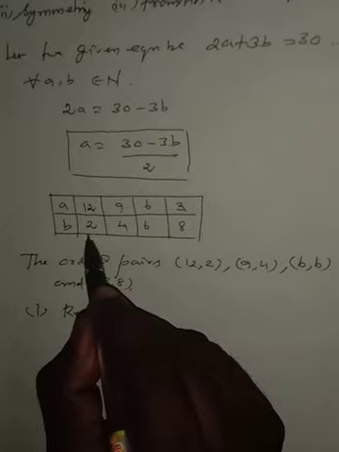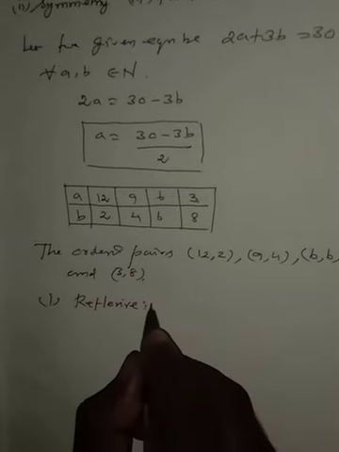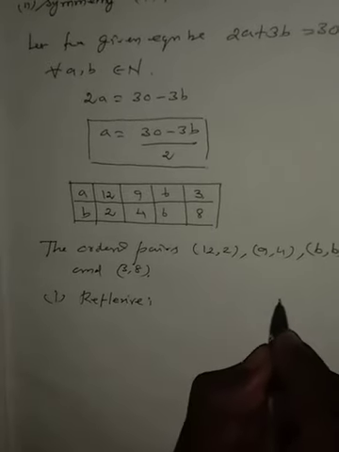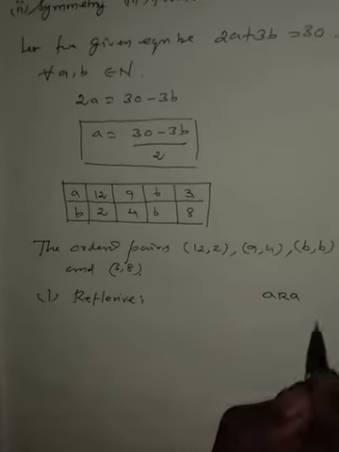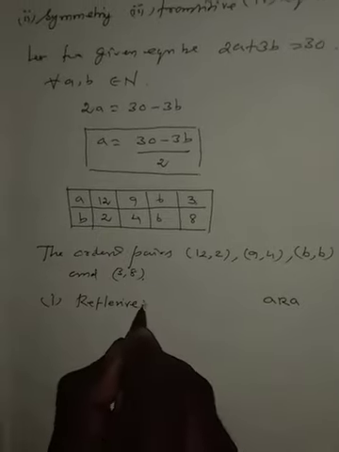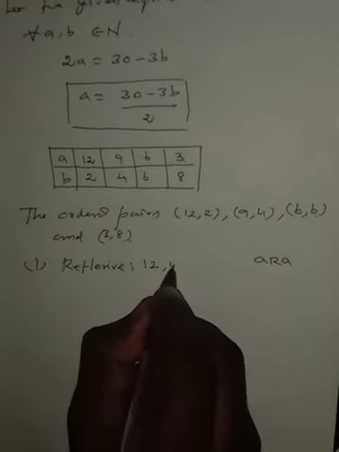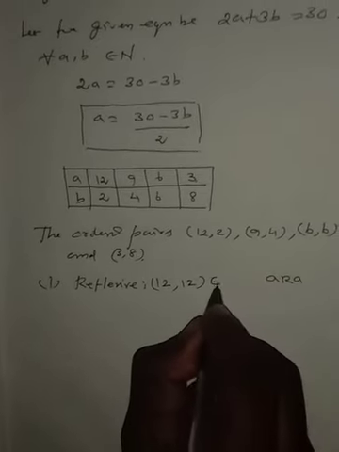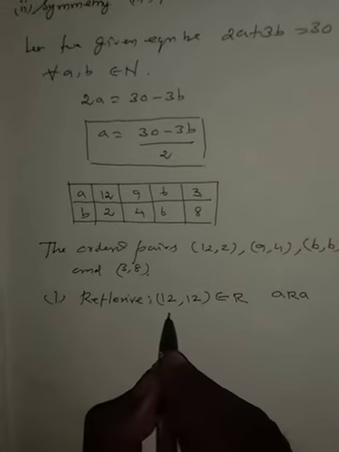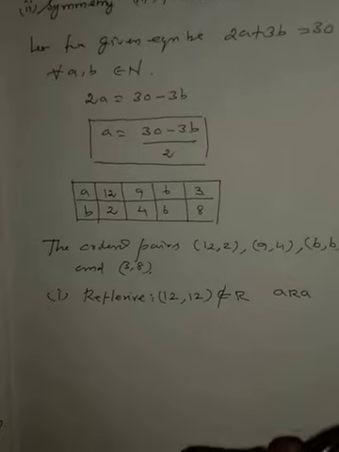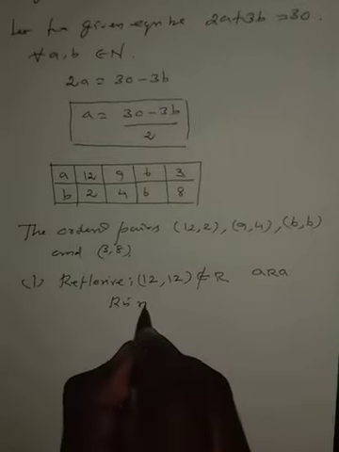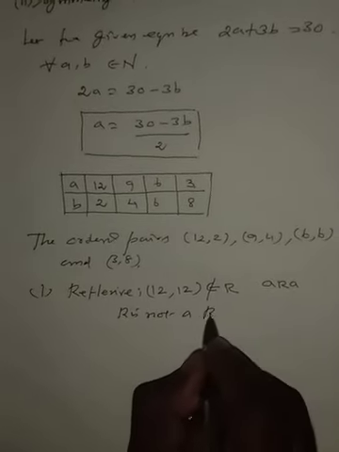First pair (12, 2). A related to A is the reflexive condition. A is 12, so (12, 12) should belong to the relation set, then it is reflexive. But in this case (12, 12) does not belong to R. So R is not reflexive.